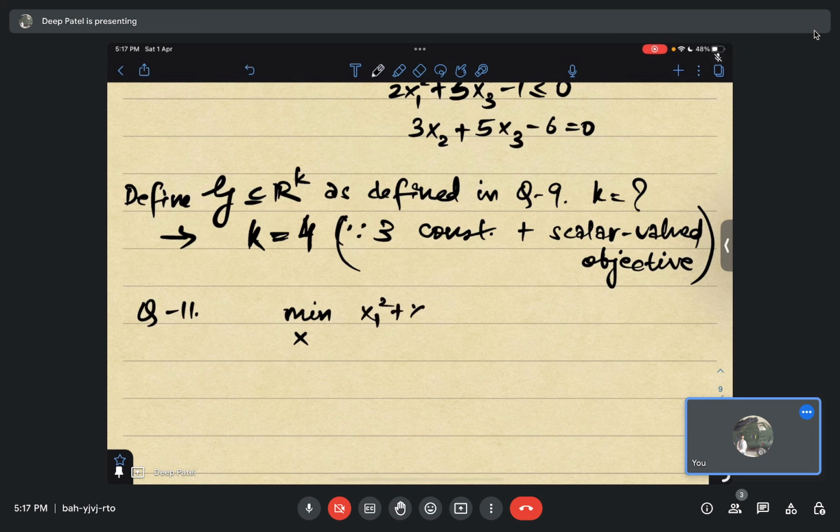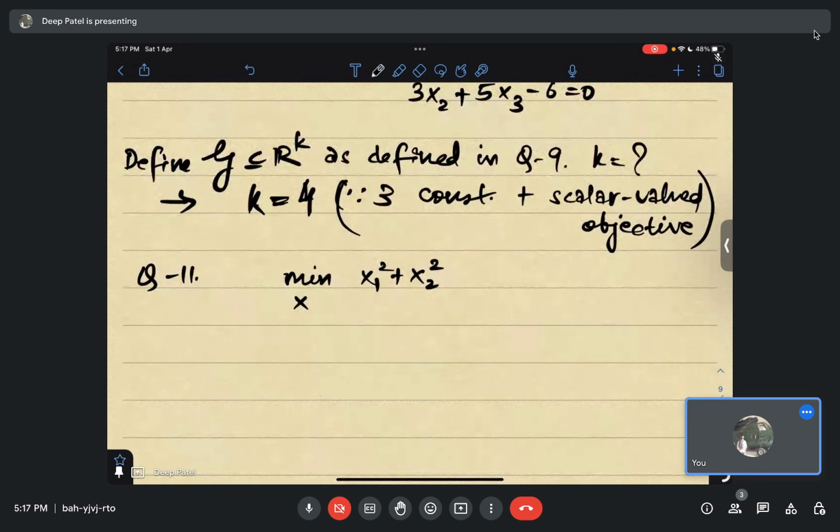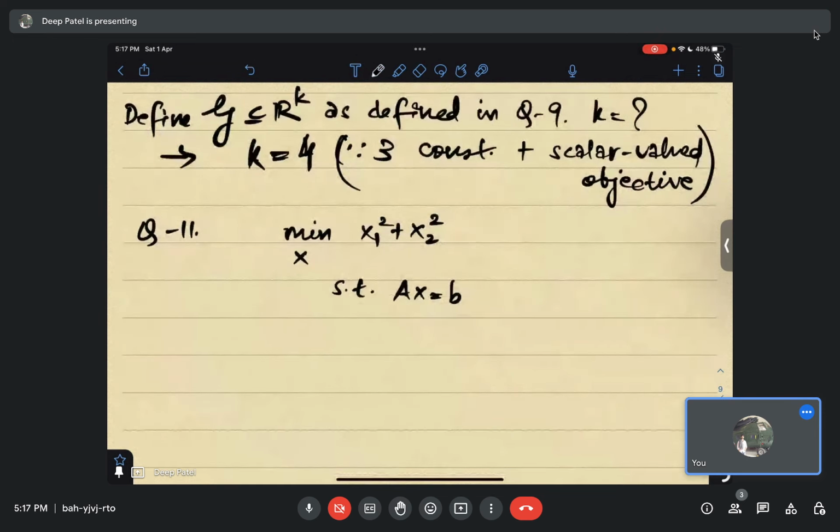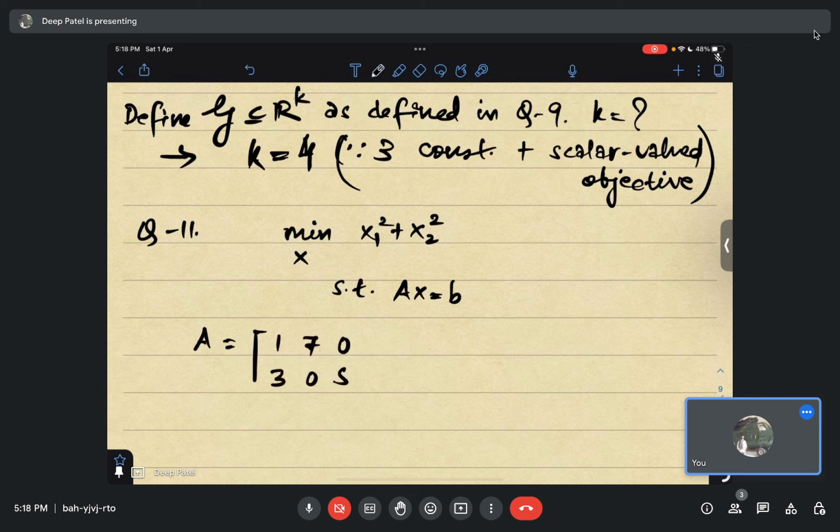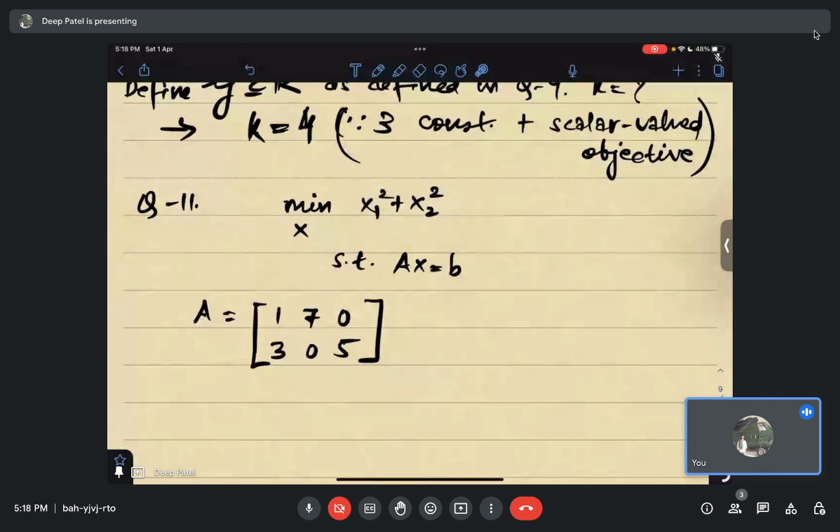We have this optimization problem where we are minimizing the norm of this vector such that Ax equals b. A is given. This is not mentioned here, but let me ask: this is something very simple and very important that I feel sometimes gets omitted.